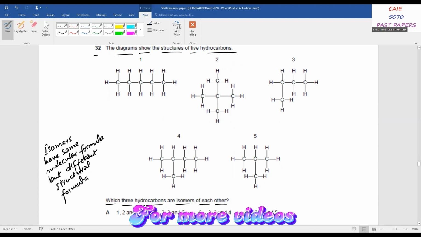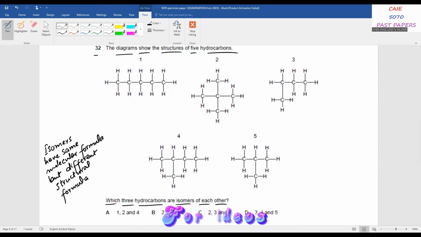So the best way of doing this is to start writing the molecular formula of each hydrocarbon. Number 1, you have 5 carbon atoms and hydrogen atoms will be 1, 2, 3, 4, 5, 6, 7, 8, 9, 10, 11, 12.